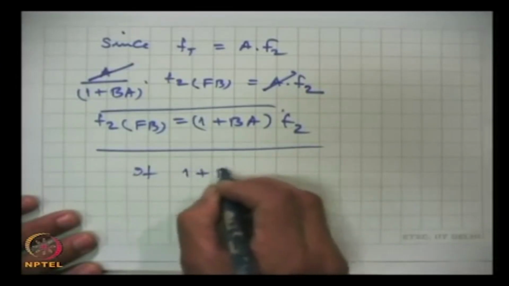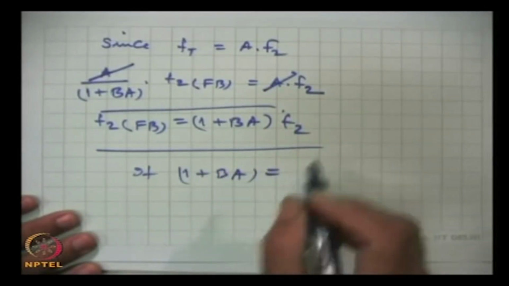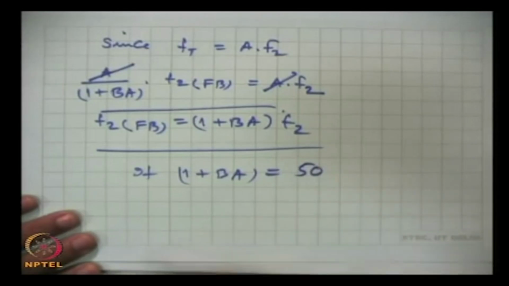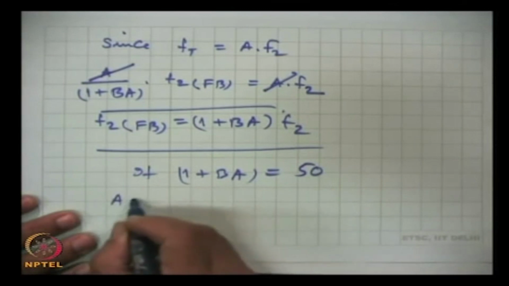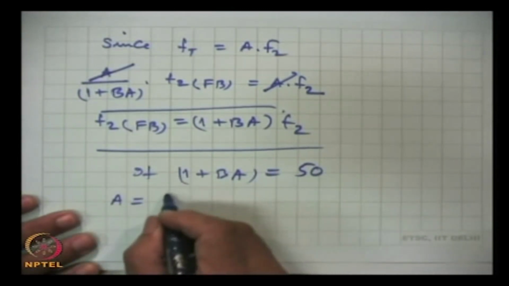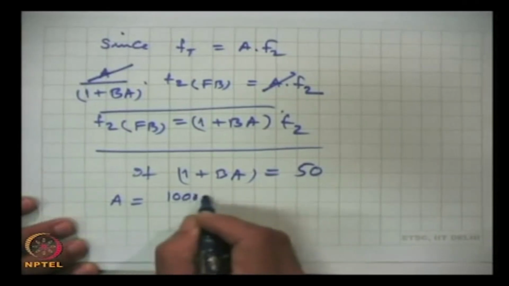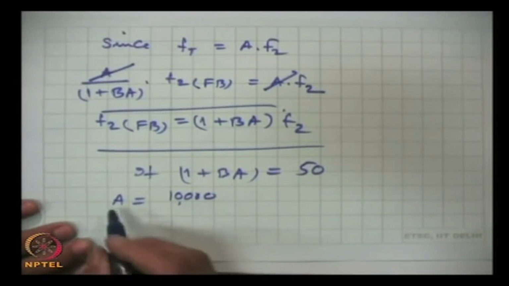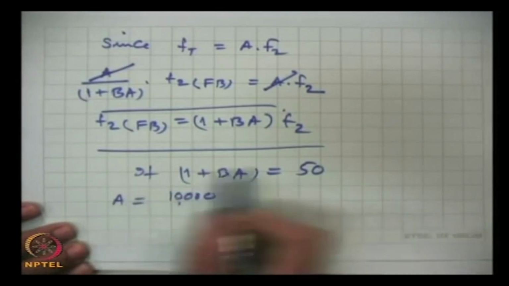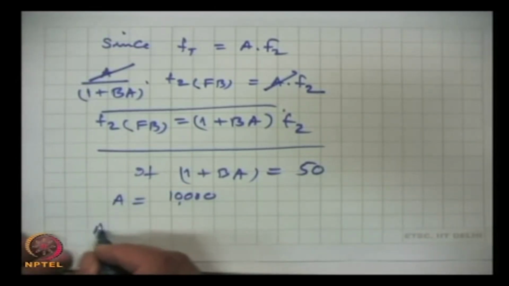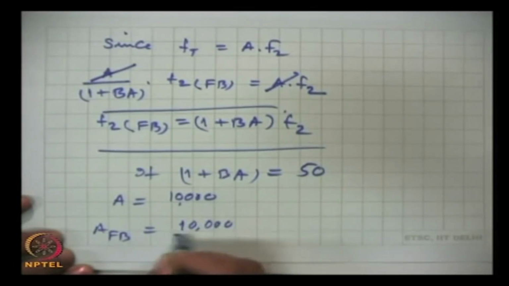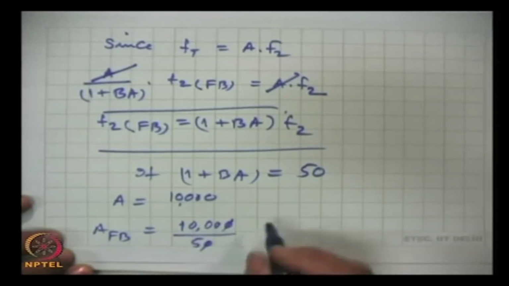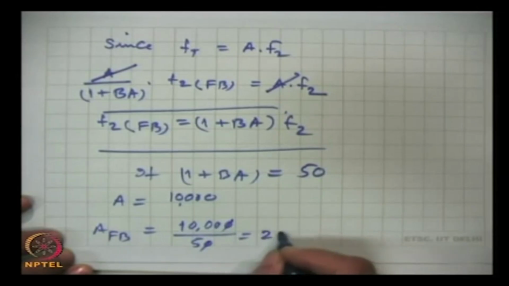For example, if this factor is say 50, and the gain earlier is say 10,000, then with feedback it will be reduced by this factor. So, with feedback A fb will be 10,000 divided by 50. So, this becomes only 200.